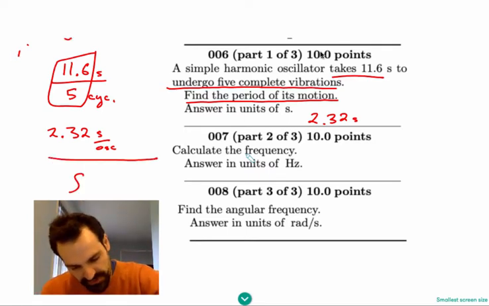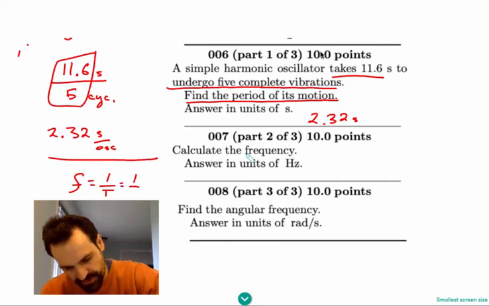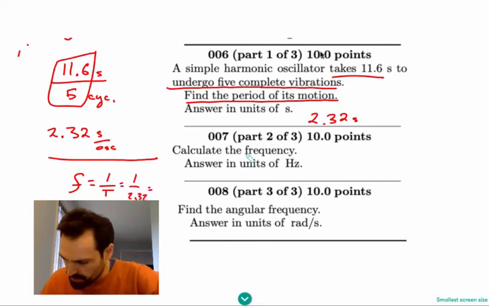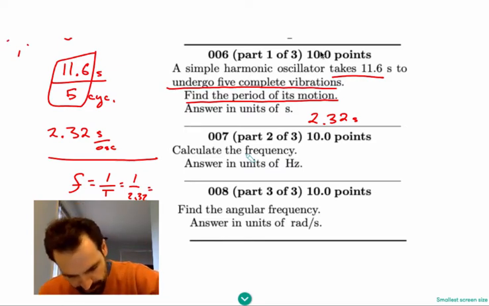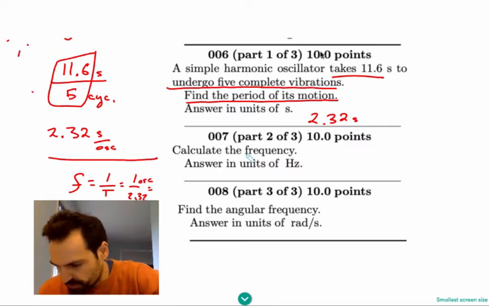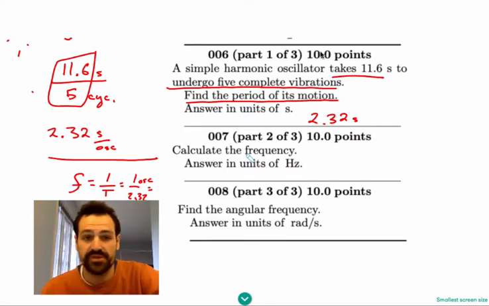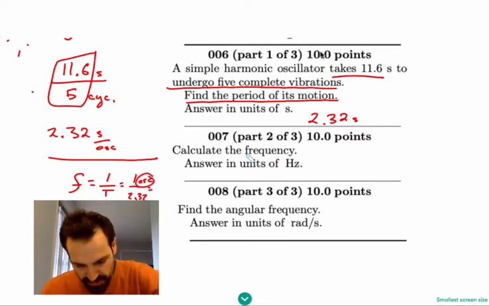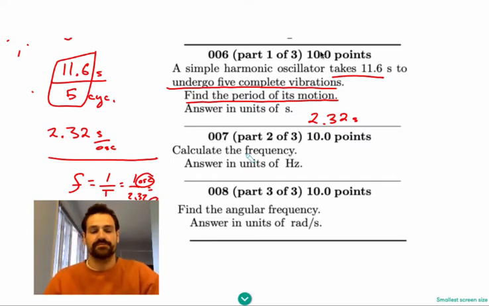Number 7, calculate the frequency. And remember, frequency is the inverse of the period. So 1 over 2.32 is going to give us a frequency of 0.431 oscillations per second. Oscillations per second, also known as hertz, or vibrations per second.